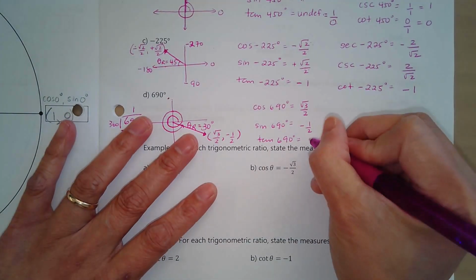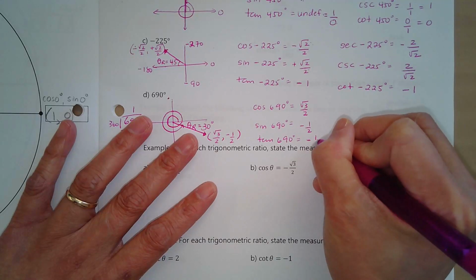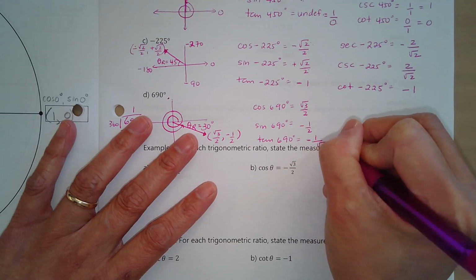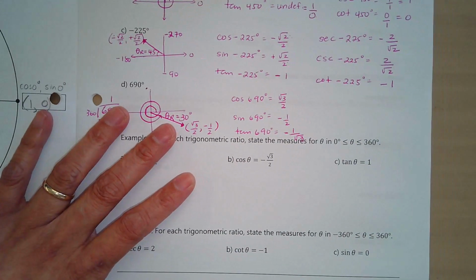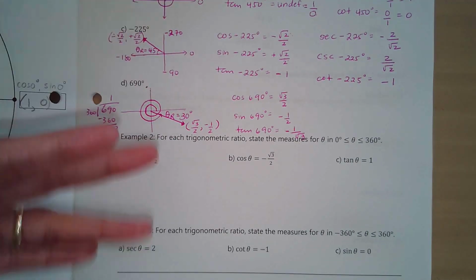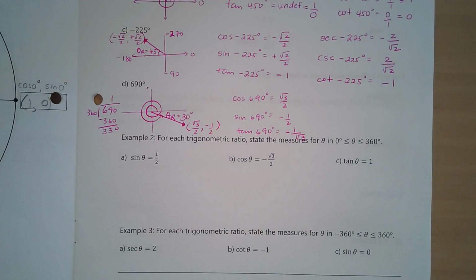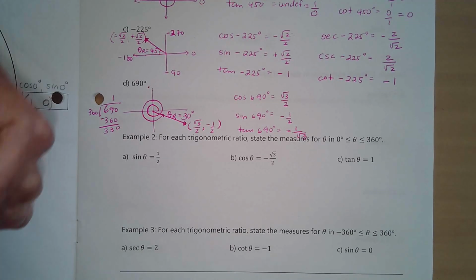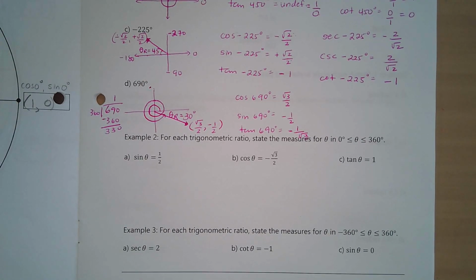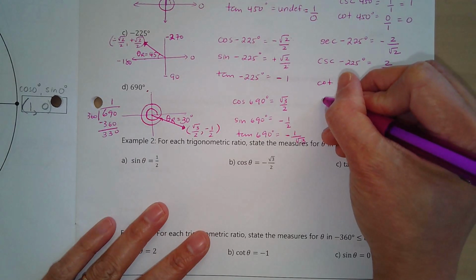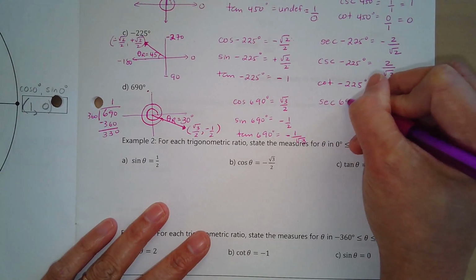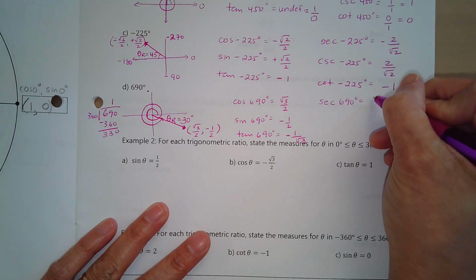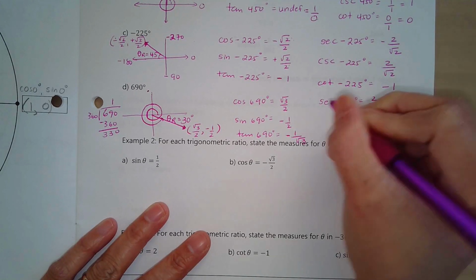Okay, so now get back to this one. It's going to be negative 1 divided by root of 3. And then the other ones are so much simpler because all we need to do is take the reciprocal of the sine, cos, and tan. So secant of 690 degrees is going to be 2 over root 3.